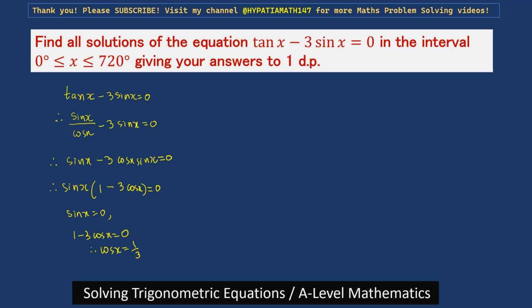If I go with sin x equals 0 first, then x would be equal to sine inverse of 0. If I draw the quadrant, this is all positive, then sine, tan and cos.